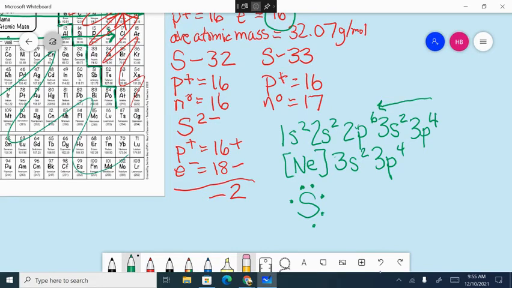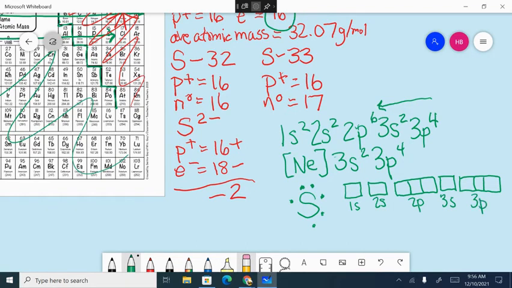If I were to do a box diagram, I would represent each electron with an arrow. Remember, the s sublevels have 1 orbital or 1 box in the orbital box diagram that holds 2 electrons. The p sublevels have 3 orbitals that hold 2 electrons apiece for a maximum of 6.